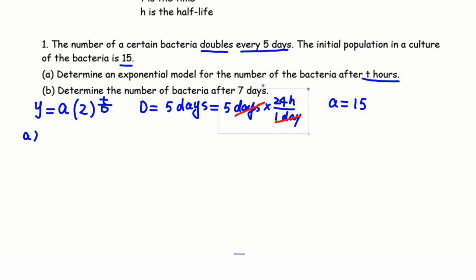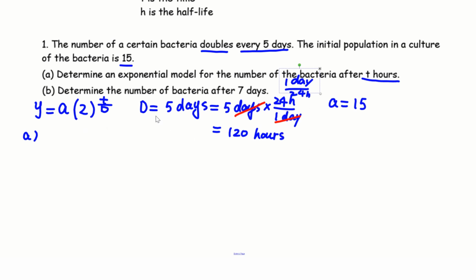Then you will have 120 hours left. So when you are doing unit conversion, you could always use this method: you multiply by 1, but you want to cancel one unit out, so you will be able to determine whether you want to multiply by 1 day over 24 hours or 24 hours over 1 day.